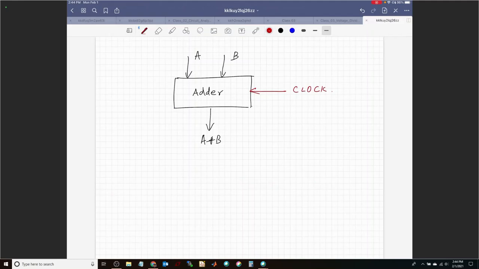So when the clock has a low to high edge or high to low edge, rising edge or falling edge, then maybe we are taking the 2 numbers, adding them and giving out the result. Can I do this addition operation infinitely faster, or will I need to wait because I have a circuit that is being clocked at a certain rate?